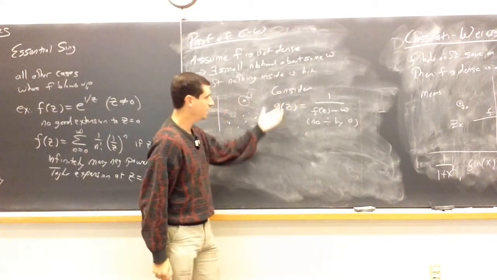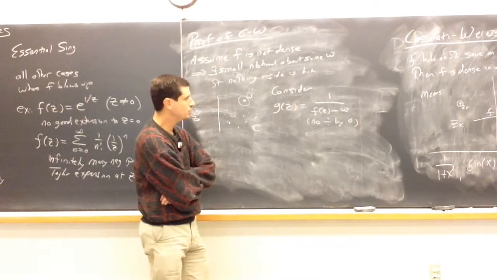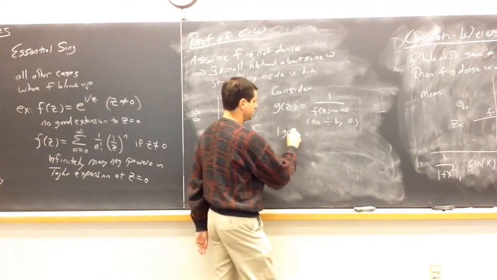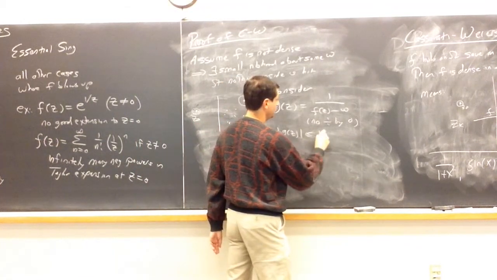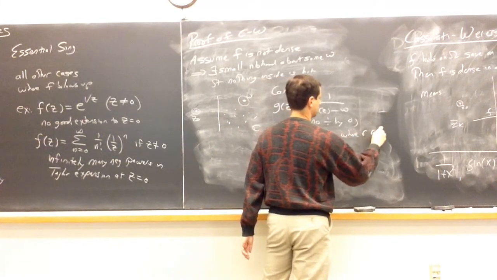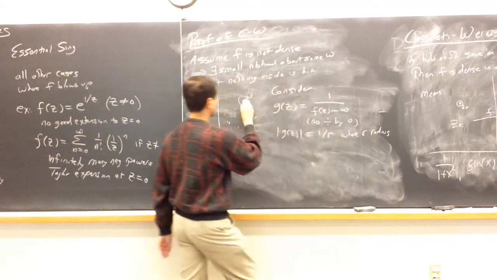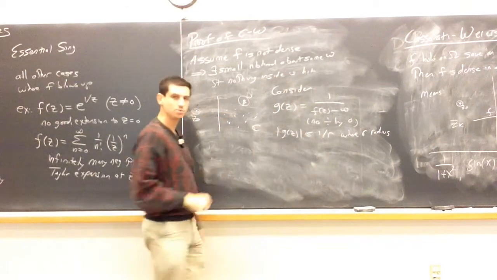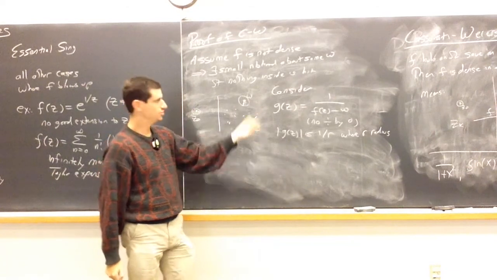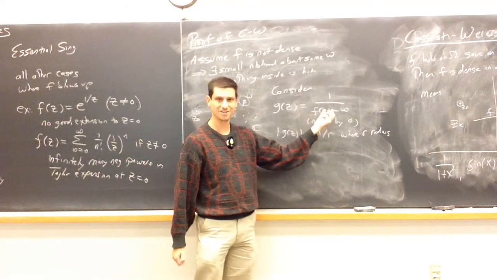So this is well defined. All right, so we can ask what's going on here. The absolute value of g of z is less than or equal to 1 over r, where r is the radius, because I have some small disk about w and I'm never within r of it. So this must be at most 1 over r.